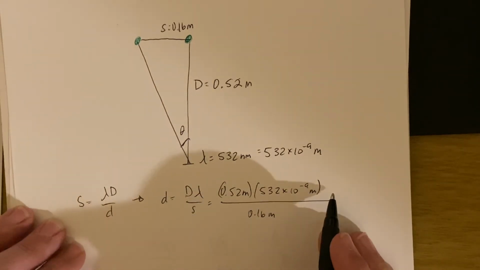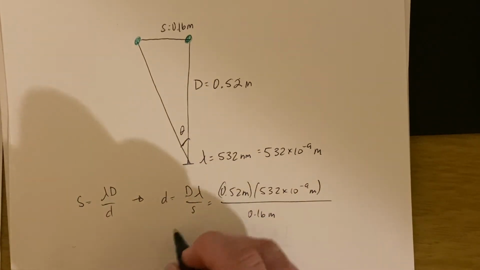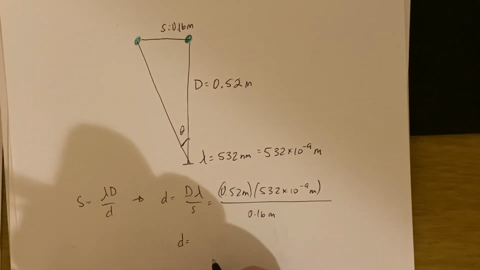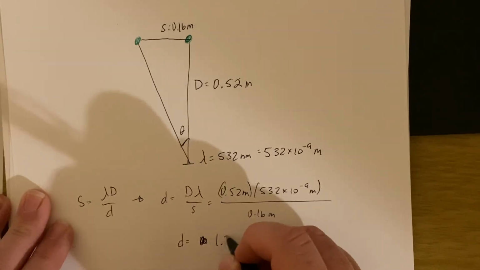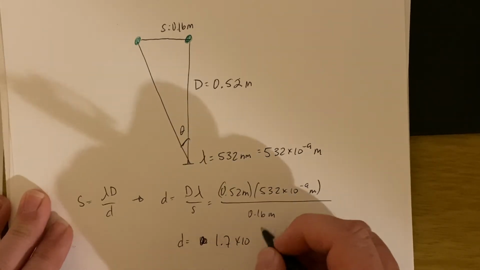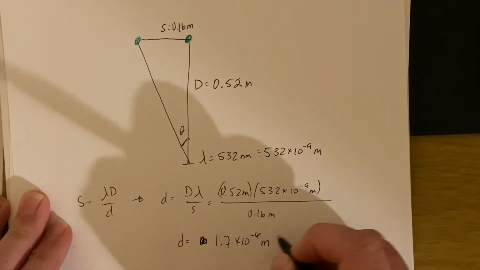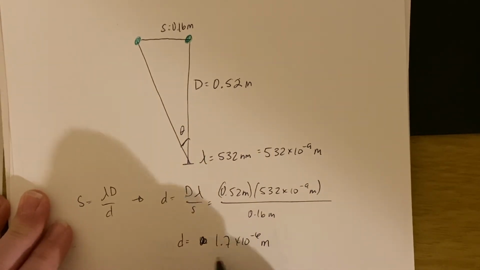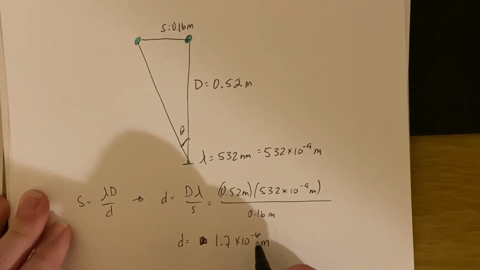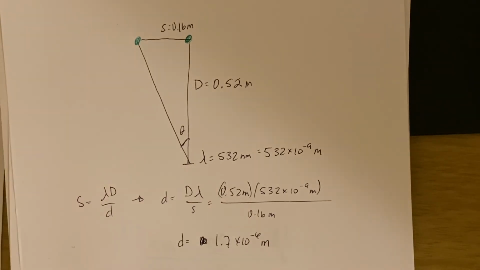And when we calculate that out, we end up with d, the distance between our slits, being 1.7 times 10 to the negative 6th meters. And so that means that between the two slits that light is shining through, the distance is 1.7 times 10 to the negative 6th meters.